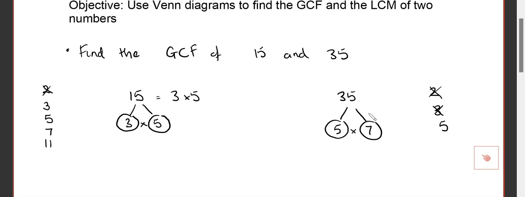Now this is where I'm going to introduce you to the Venn diagrams bit. This is the new bit, because I noticed some people were getting a little bit confused about what to do now to work out the greatest common factor.